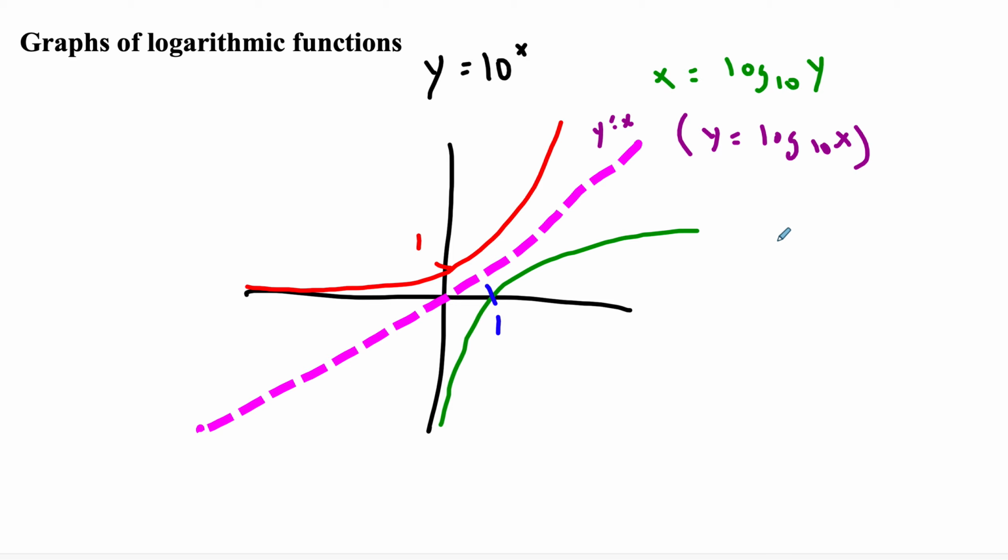Now, this does mean that if we're looking at the log base 10 of 1, we're asking 10 to what power? The exponent would have to be 0, right? Because 10 to the 0 equals 1. That's how tying those together in your mind can make this a lot easier. But in general, they're reflections.